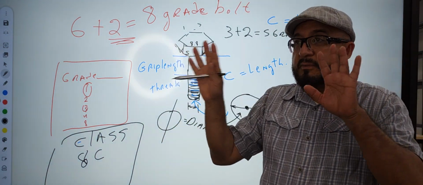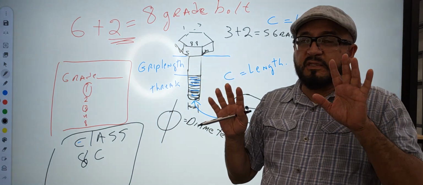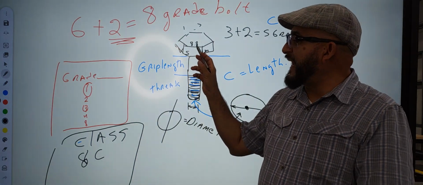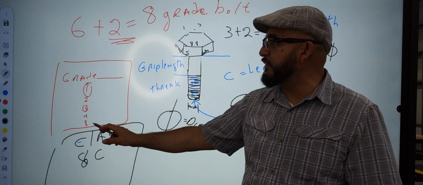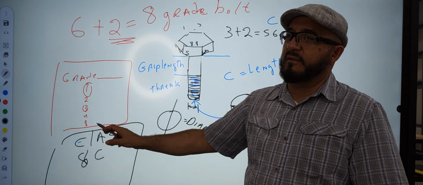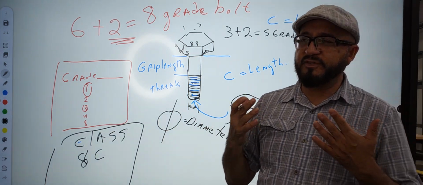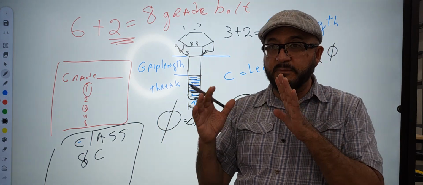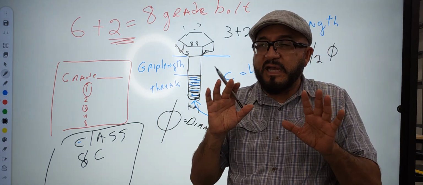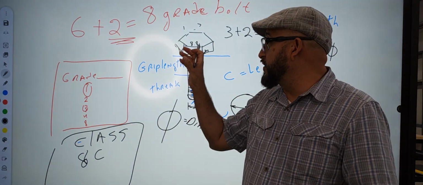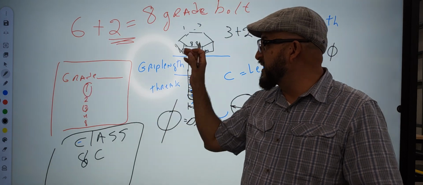And you can compare them. An 8 class bolt is not the same as an 8 grade. When you compare the tensile strength, they are not the same. They're very similar, close, but not exactly the same. So don't think that because there's an 8, that's an 8 grade. No, that's an 8 class.